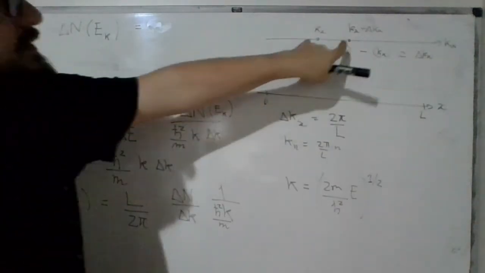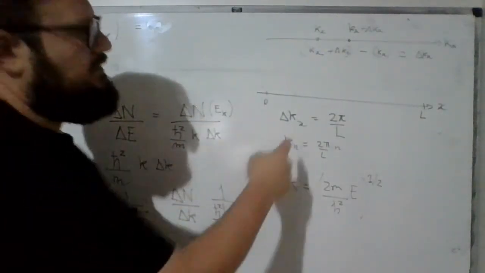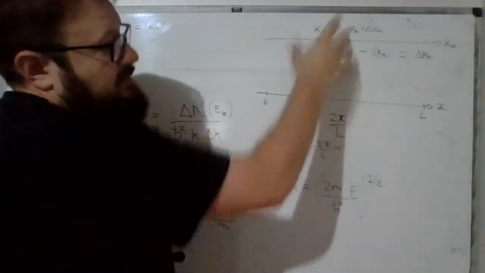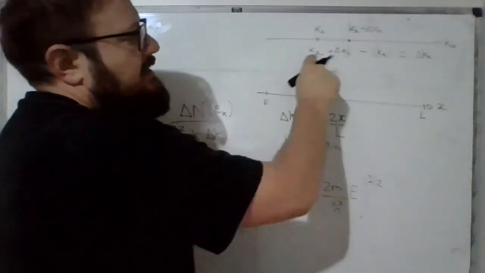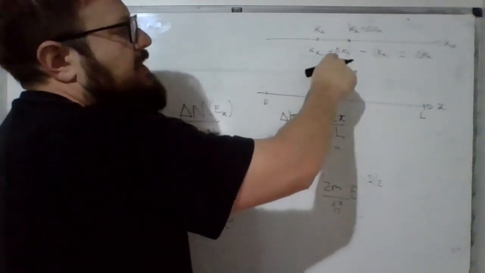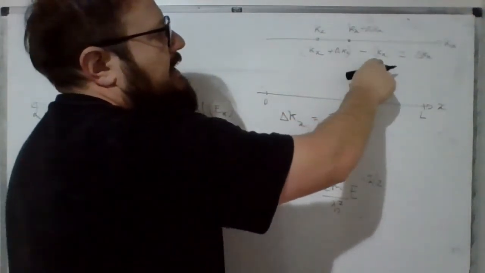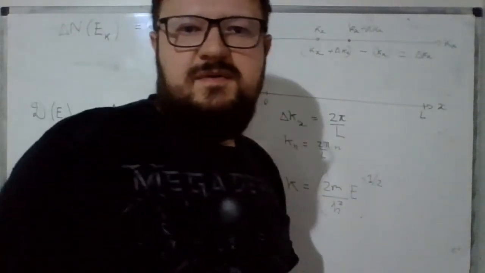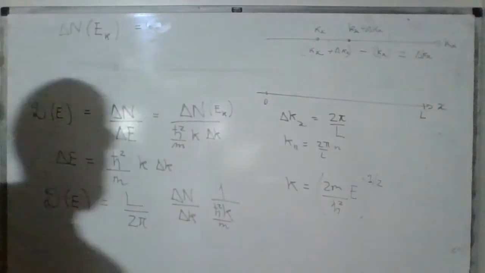So the possible states, if you are considering an infinitesimal delta k in the discrete case, between kx plus delta k and kx, the previous one, it is just one state, right?